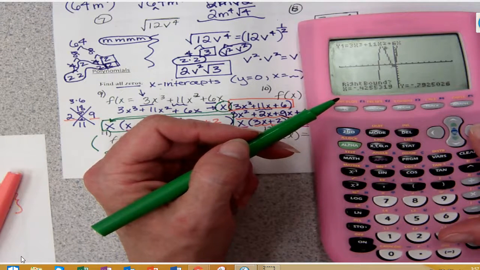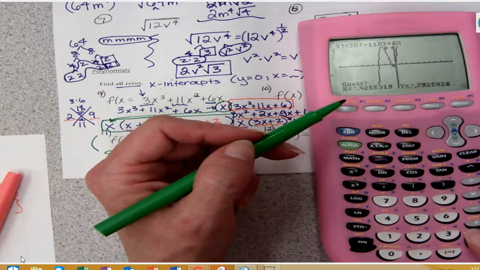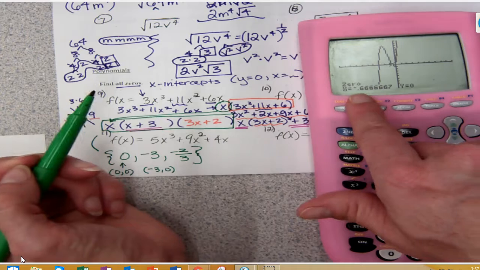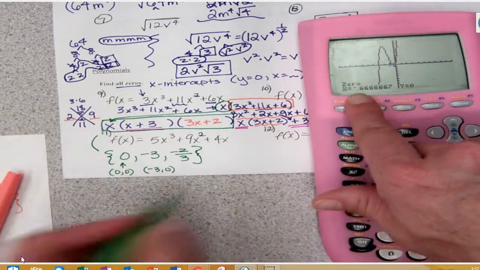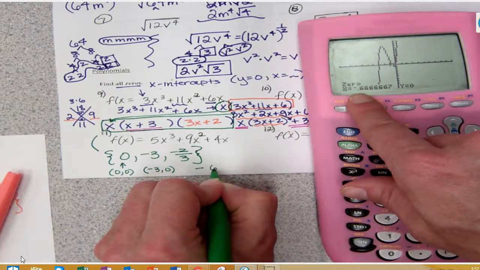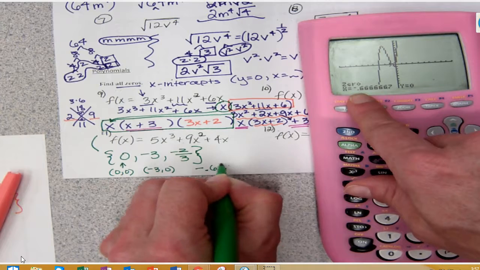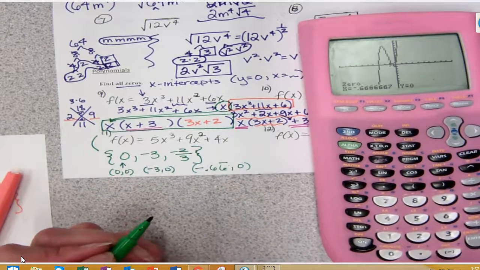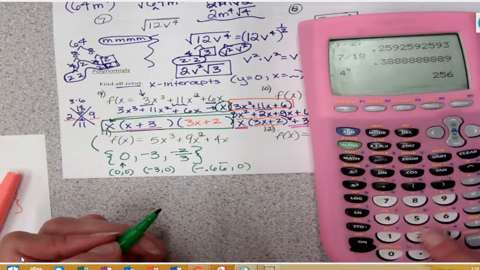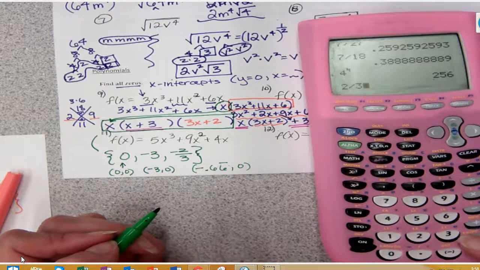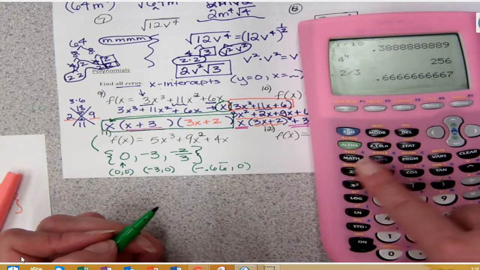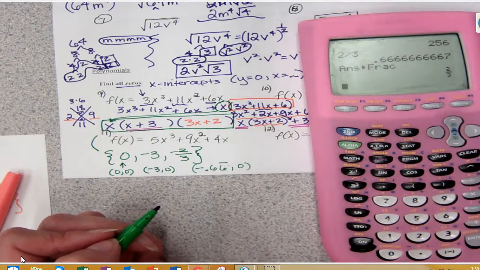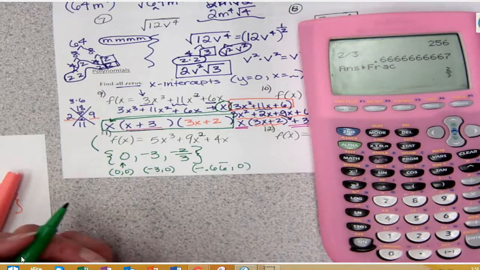Then you're going to go to the right of it, which is right here, enter, guess, and sure enough it tells us -.666 repeating, which is the same as 2/3. If I were to plug that into my calculator and say 2 divided by 3, and then find out what the fraction is, that would be 2/3. So that's how you do those problems.